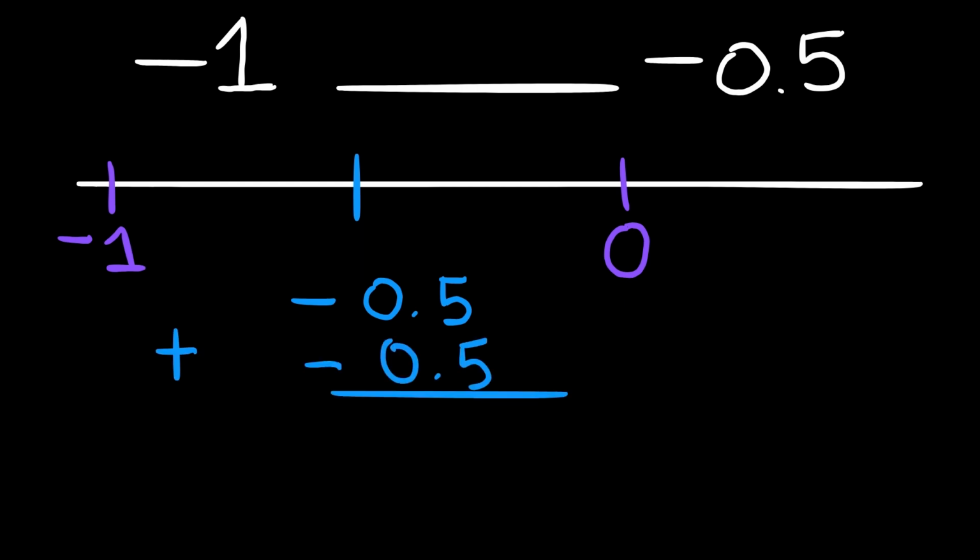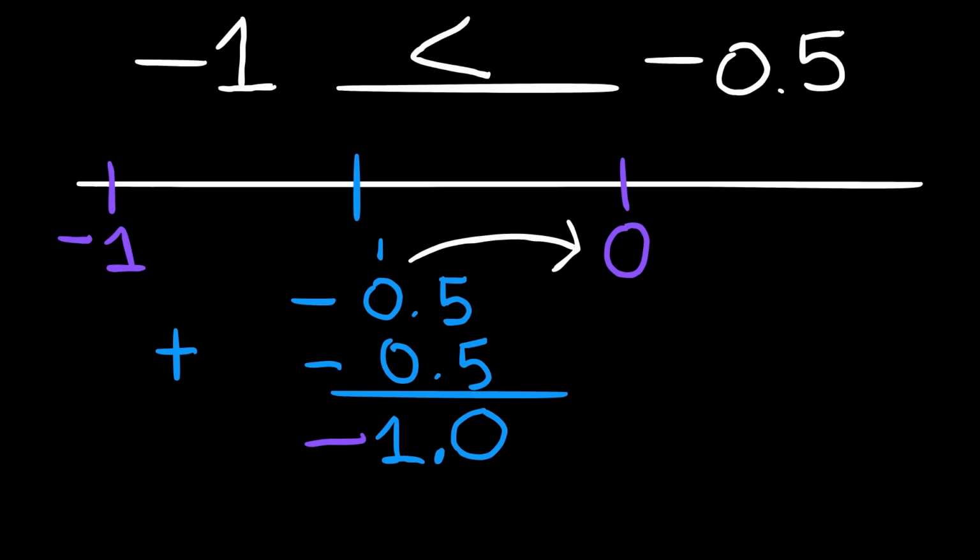But if you add another -0.5, it actually goes all the way to -1. But you have to be careful. You might think that -0.5 is smaller than -1, which is not the case, because a negative number that is closest to 0 will always be greater than any other negative number that is farther away from 0. So that makes -1 less than -0.5.